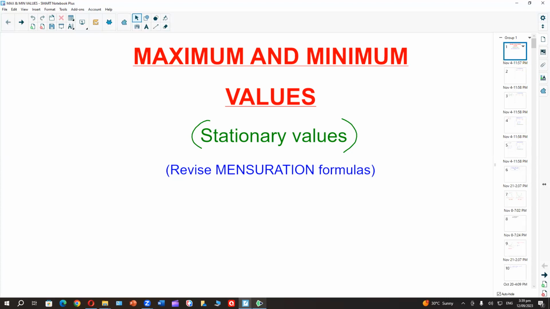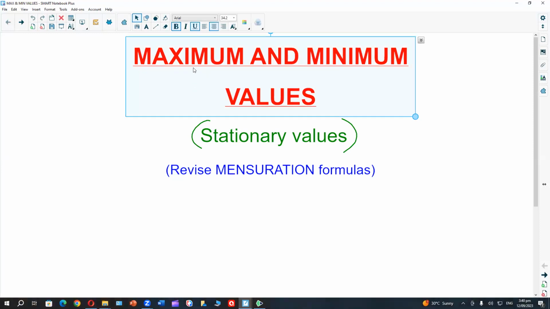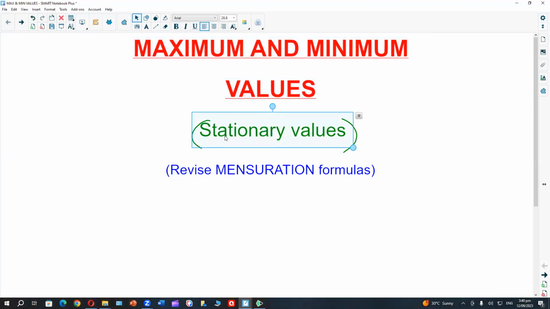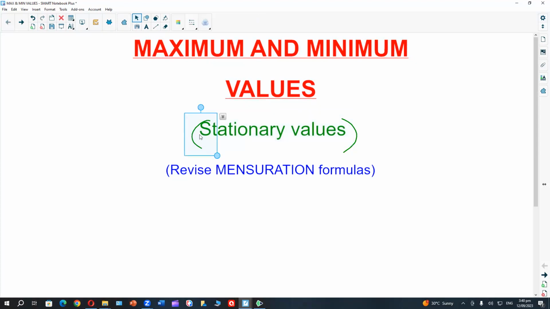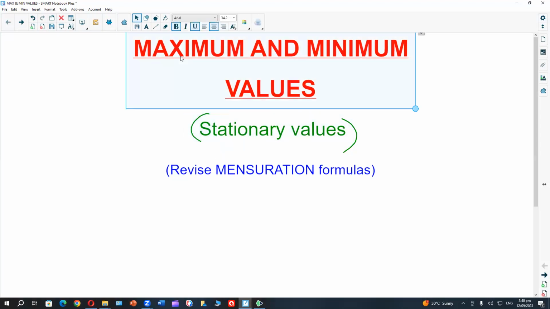Now give a new heading in your notes register. The name of the topic is maxima and minima.